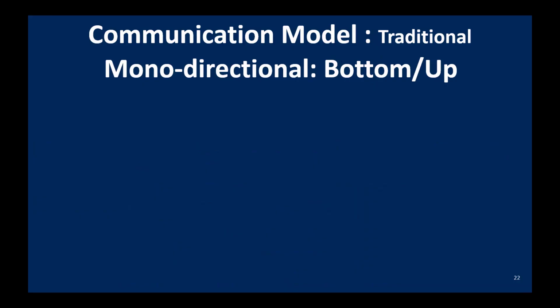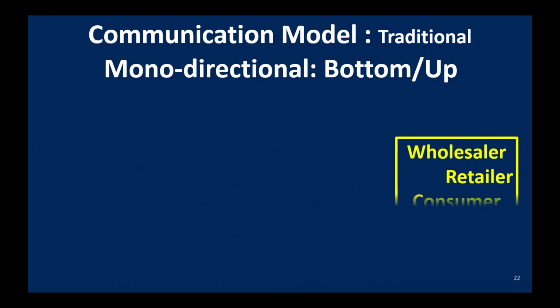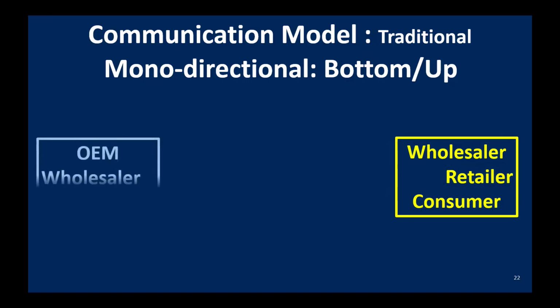Now, there's also a communication model, which is traditional, and it's the bottom up. This is also monodirectional. Notice this starts on the right-hand side. Again, go back to our channels of distribution and start at the bottom and go up. So when we do that, the consumer is going to be talking to the retailer. The retailer is going to be talking to the wholesaler. The wholesaler is going to be talking to the producer and the manufacturer.